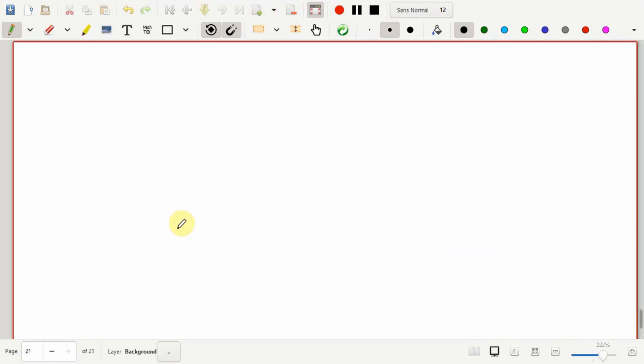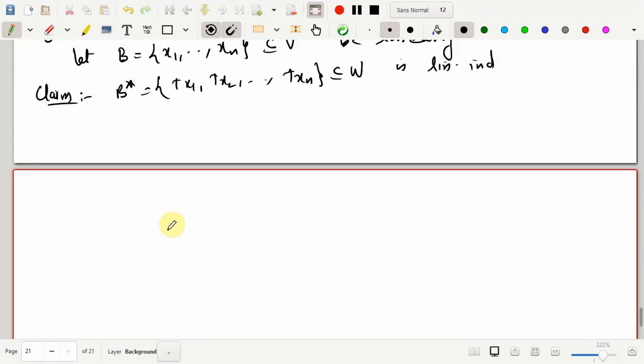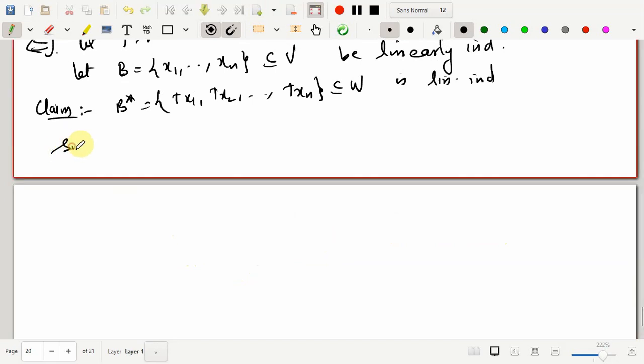So we will apply the definition. How do we show that something is linearly independent? Suppose there exist scalars alpha 1, alpha 2 till alpha n in R, such that the linear combination of these vectors which we want to show linearly independent is equal to 0.